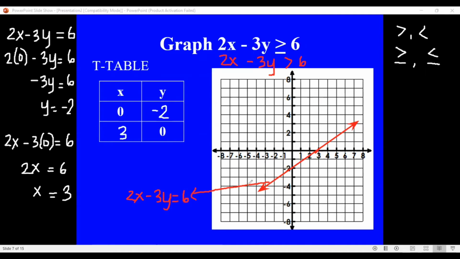So this separates the condition where you have 2x minus 3y is less than 6, and the other one as 2x minus 3y is greater than 6. Again, the solution of this line is 2x minus 3y is equal to 6. That's the representation.